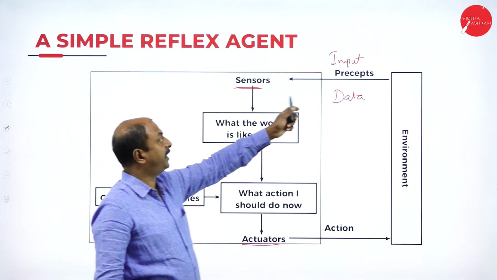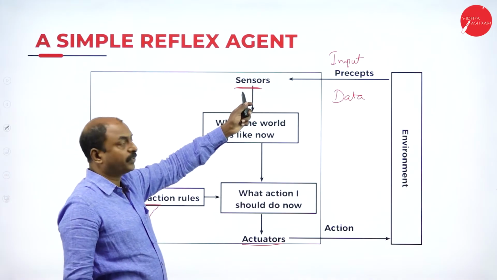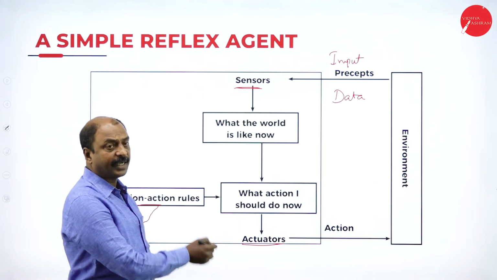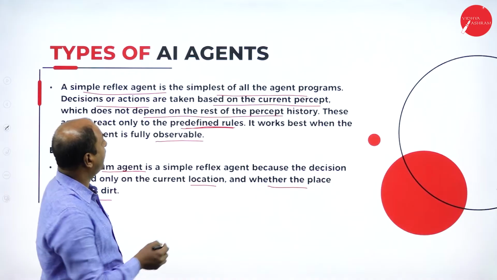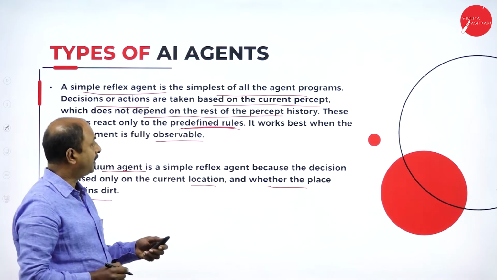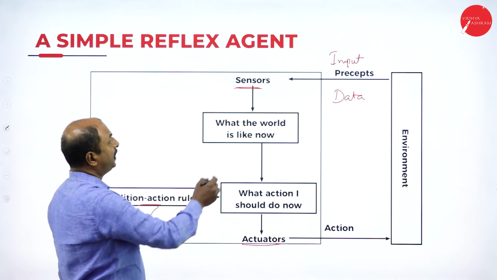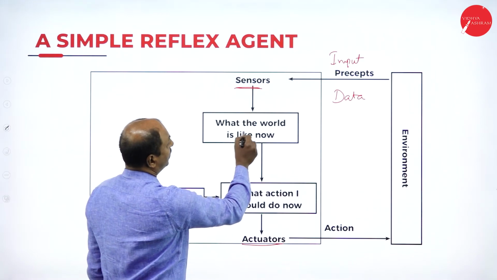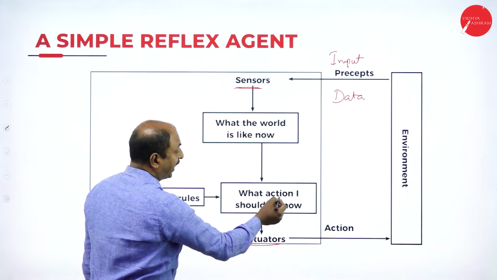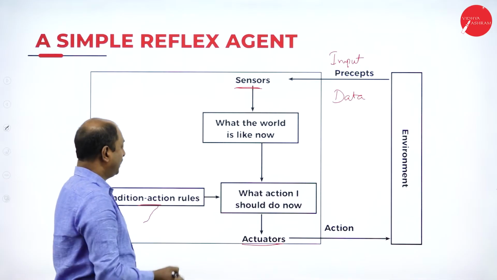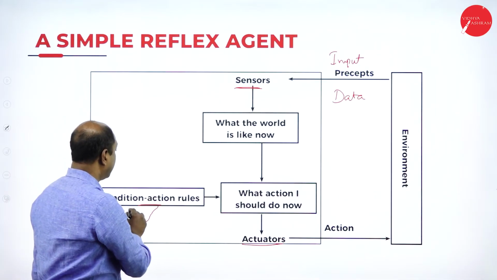The sensor will sense and accept the data from the environment, and as we have seen in the definition, it has some predefined rules in this agent. So based on this, it asks what the world is like now, or what action should I do now.